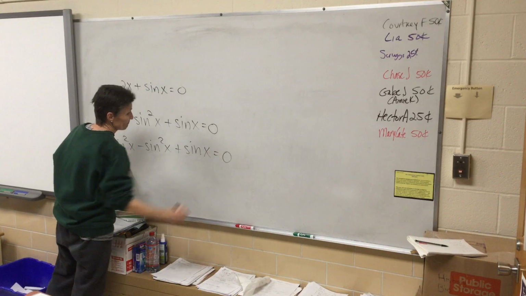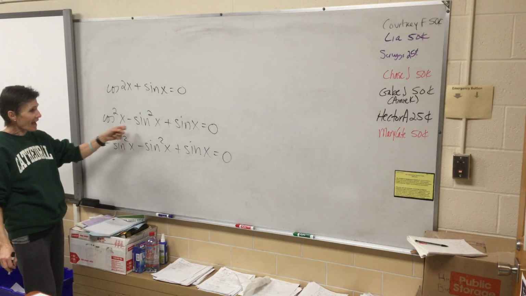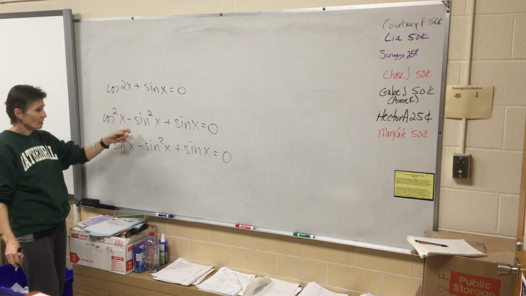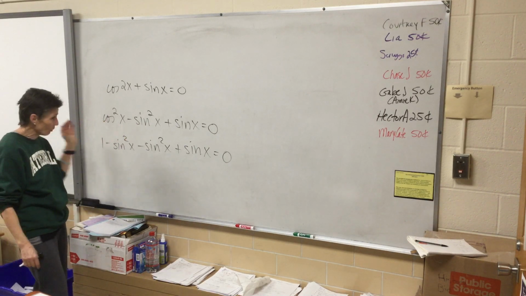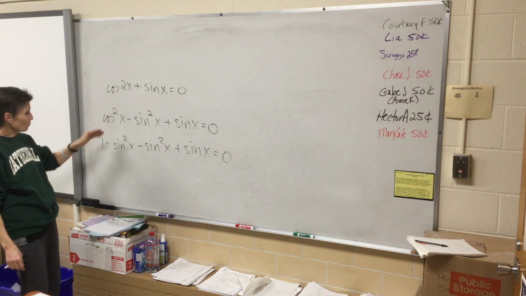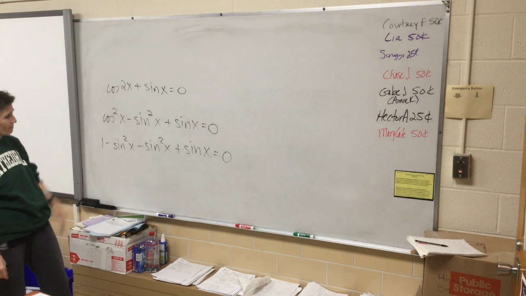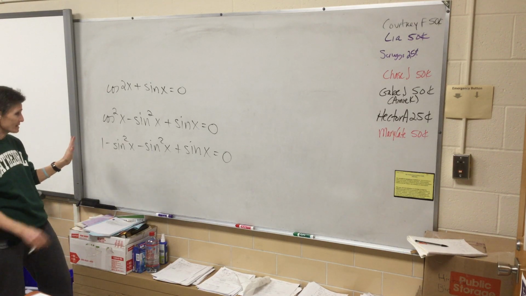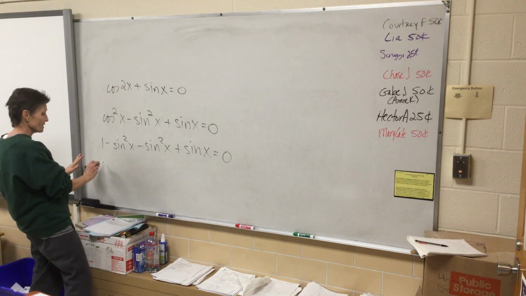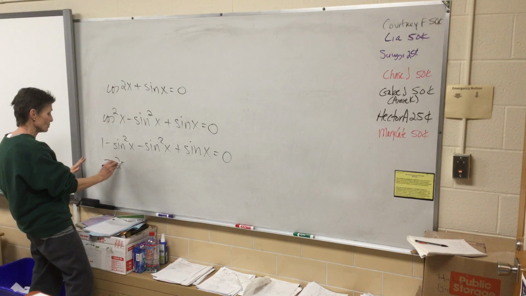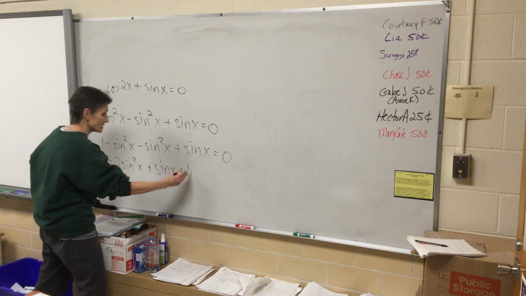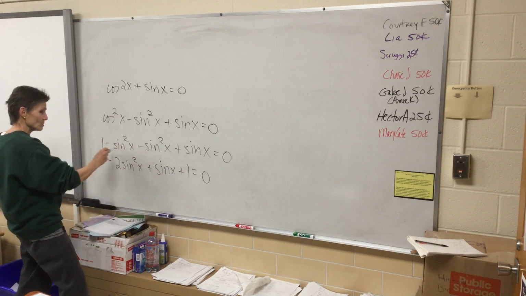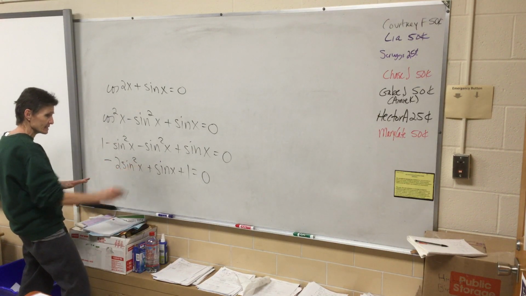And then maybe I can factor, right? You can't factor when you've got a mixture of P's and Q's. You want to have all P's or all Q's. So we'll change cosine squared into 1 minus sine squared. All right, now we have a mess that we'll try to clean up. So this is going to be negative 2 sine squared plus sine plus 1, if I add those together and put it in descending order.